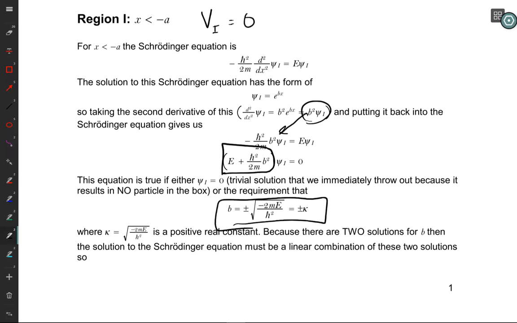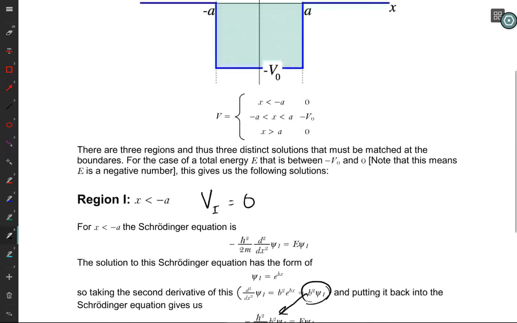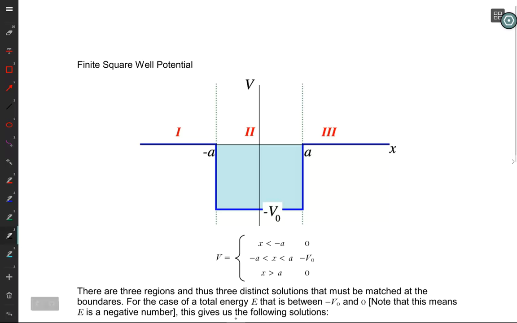Now you look at that and you're like, hey, that's a square root of a minus, right? But the energy is going to be negative here. We're only going to do solutions for negative energy. I'm not going to do solutions for positive energy, but let's talk about the difference so we know why. What would it mean if we had a positive energy? If we have a positive energy, it's going to pass over. It's going to interact with this.